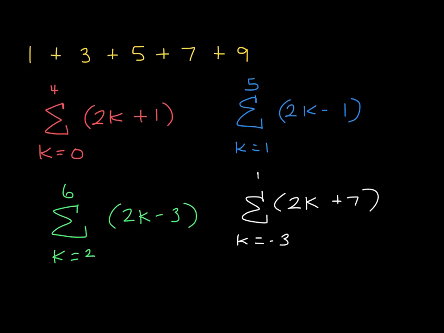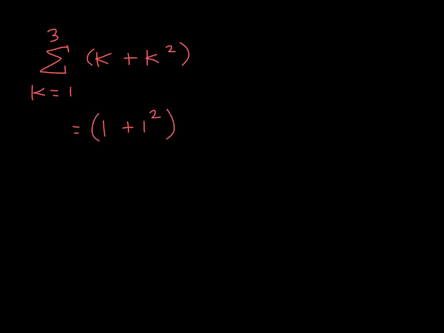We can also do some pretty cool manipulations with sigma notation. So consider the following. The sum of, let's say, k plus k squared as k goes from 1 to 3. So what would this be? Well, this would be 1 plus 1 squared plus 2 plus 2 squared plus 3 plus 3 squared.